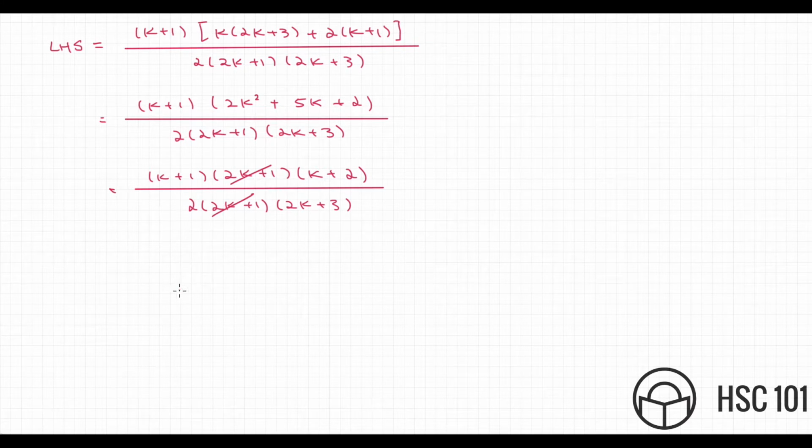So we can therefore cancel these two out. And what we're left with is (k plus 1) times (k plus 2) all over 2 lots of (2k plus 3). Okay, and this is equal to our RTP.